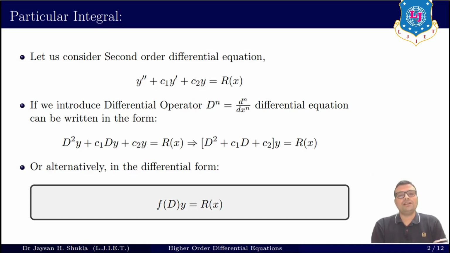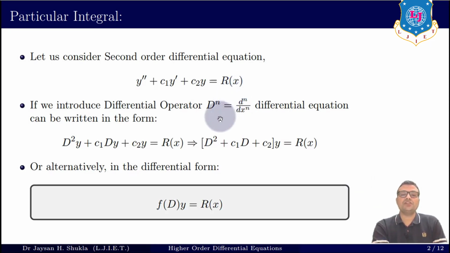Again, over here y is dependent variable on x, dash and double dash indicate first and second order derivative respectively. C1 and C2 are arbitrary constants, and r x on the right hand side indicates a random function of variable x.